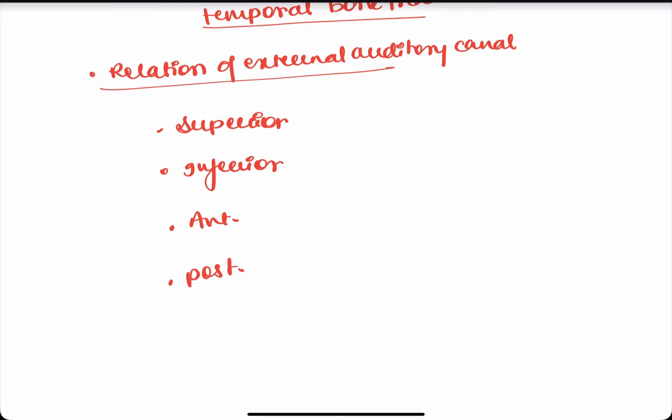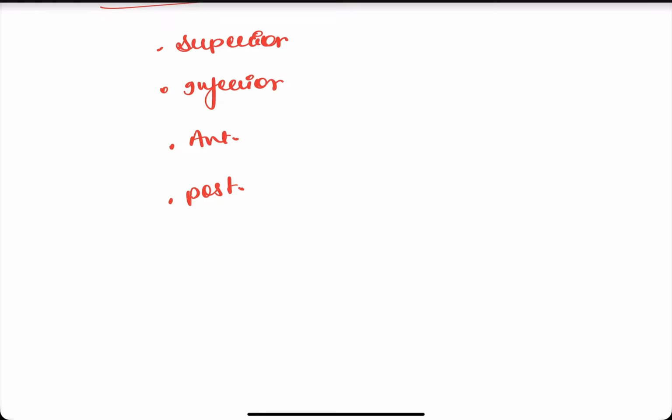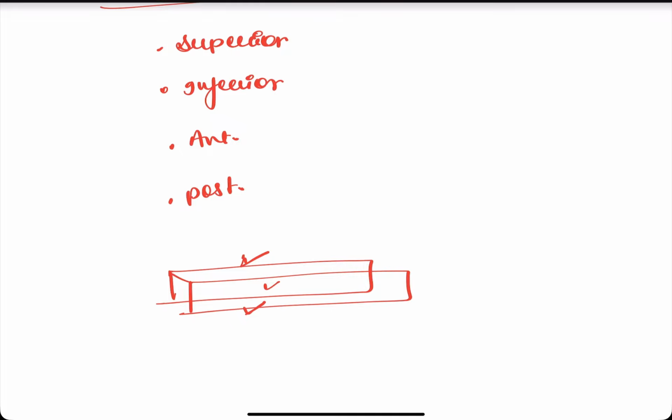Okay, so let's assume that it is a rectangle which is having a superior margin, the inferior margin, the anterior margin, and the posterior margin.